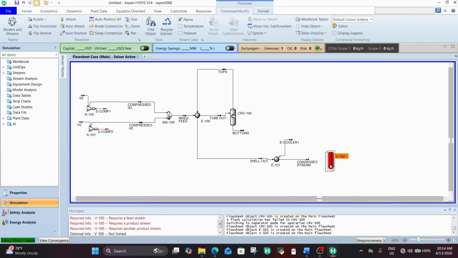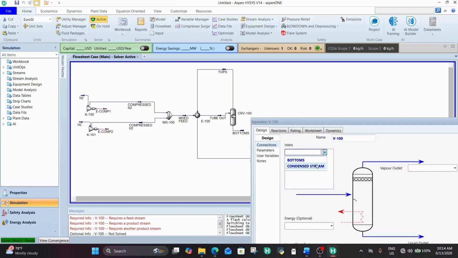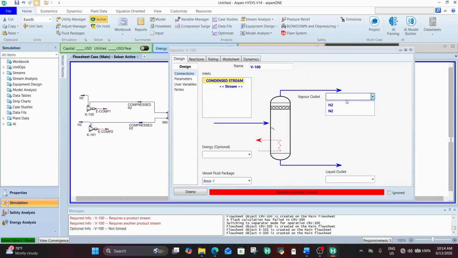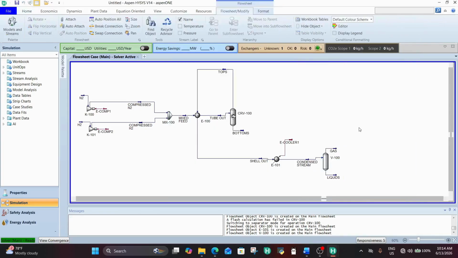Separator, which is a knockout drum, basically. It's essentially a knockout drum. Let's see, condensed stream, all this gas, liquids. Right, so let's see what we have.